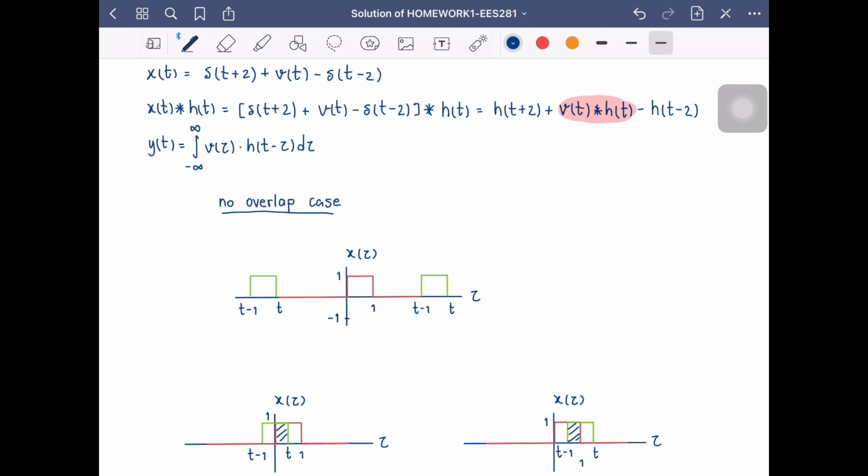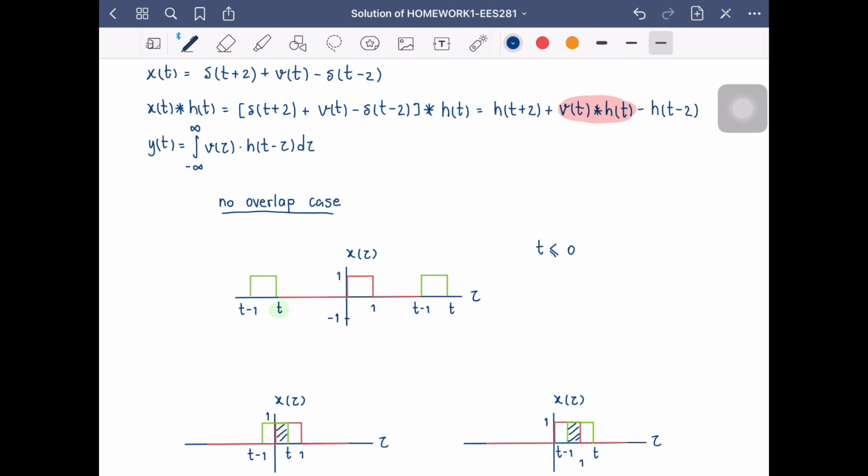The first one is on the left, where we need t less than or equal to 0 to get no overlap.